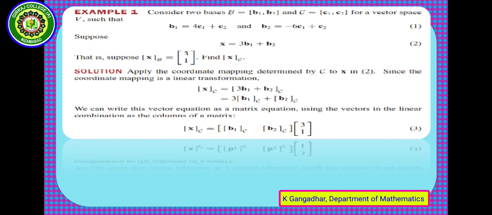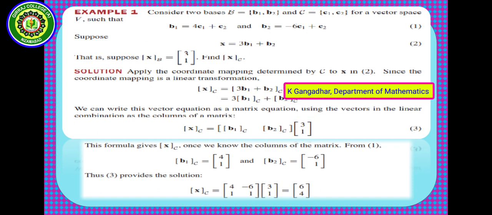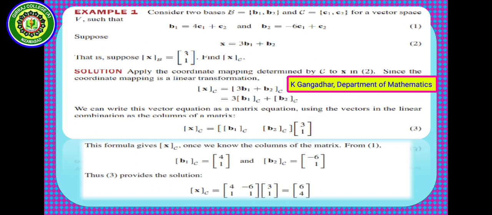So x relative to C equals P from B to C times x relative to B, which gives (6, 4).